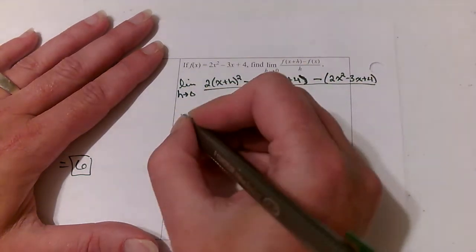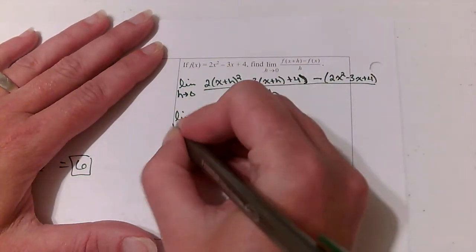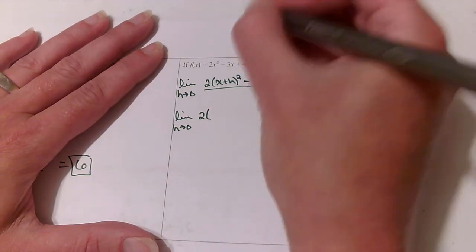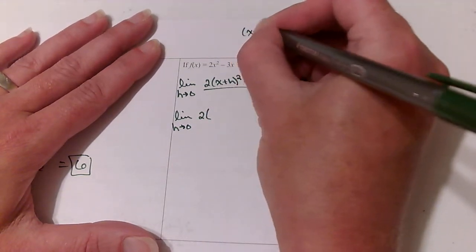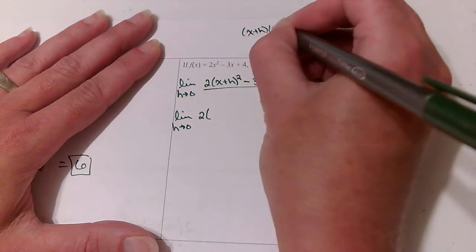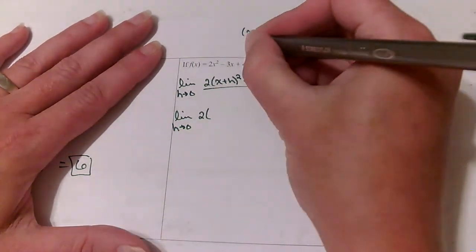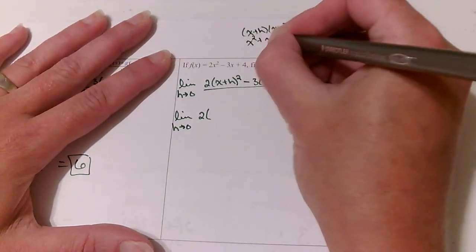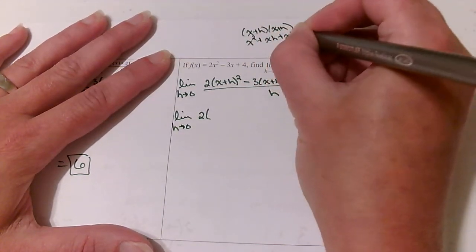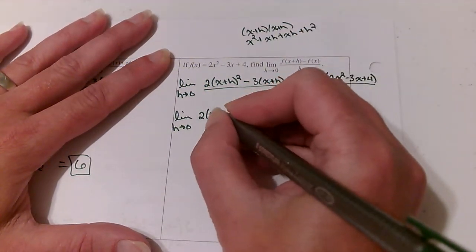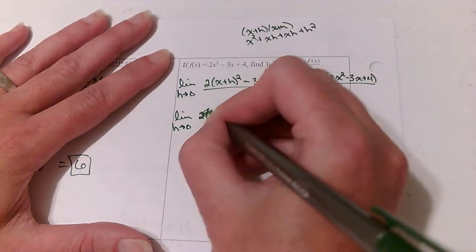Okay, so limit of 2 times x plus h times x plus h. Hopefully you can see that. Okay, cool. That's x squared plus xh plus xh plus h squared. Well, I'm multiplying by 2, so I'll go ahead and do that.